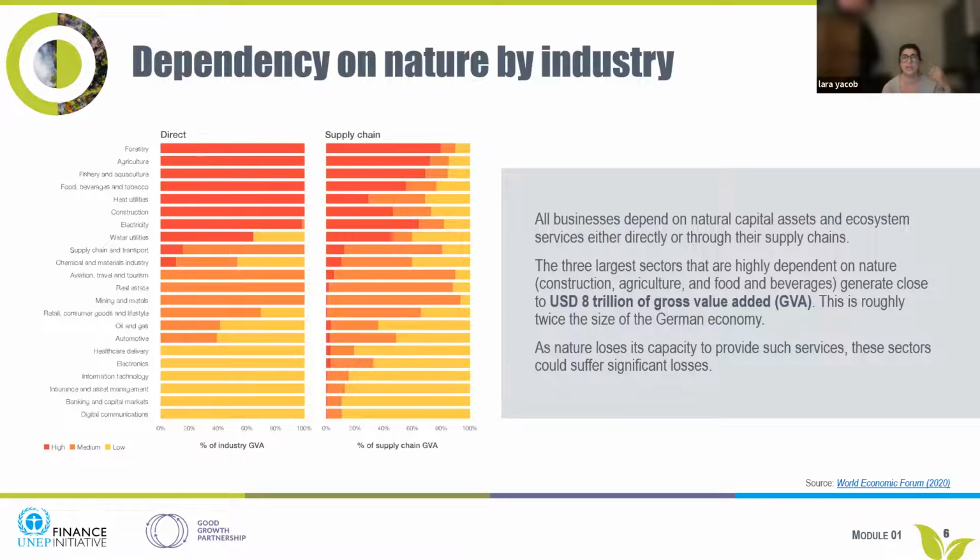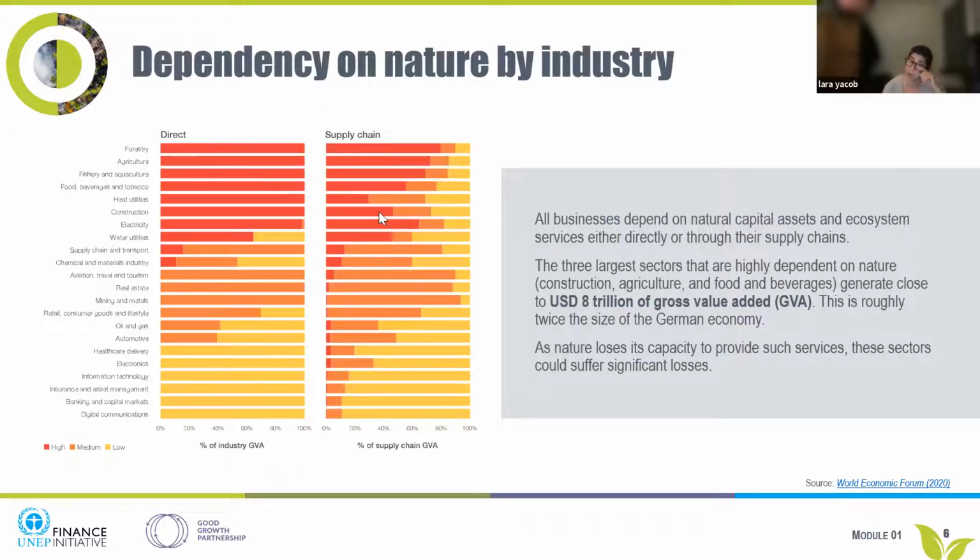Again, we see the categorization of risk based on the different types of sectors. And again, forestry, agriculture, fishery, and aquaculture come out as top risks, top sectors that have a high dependency on nature, both from a direct operation perspective as well as the supply chain perspective.